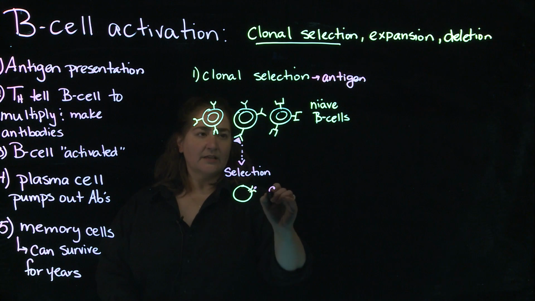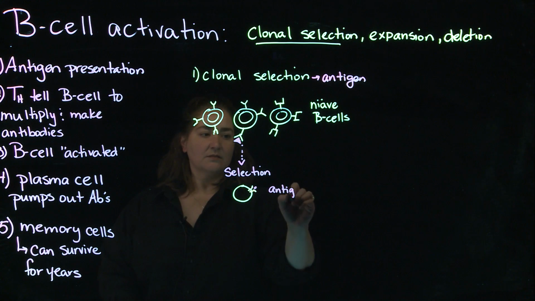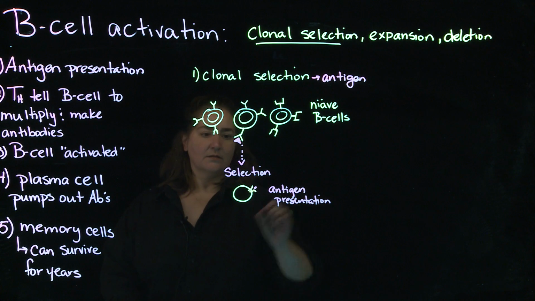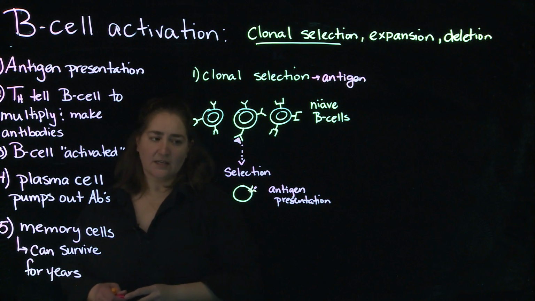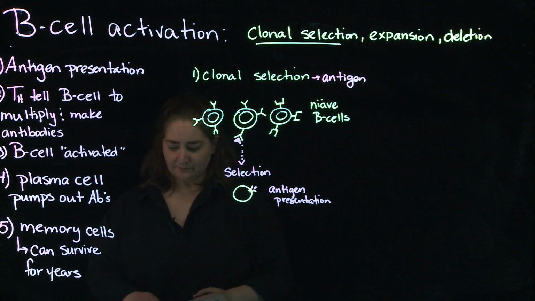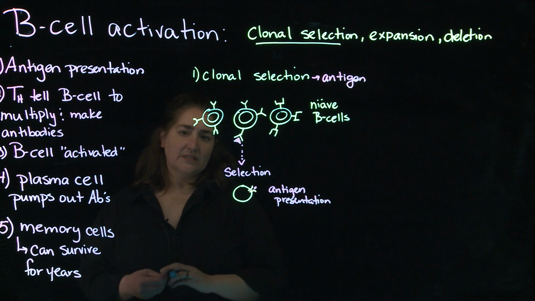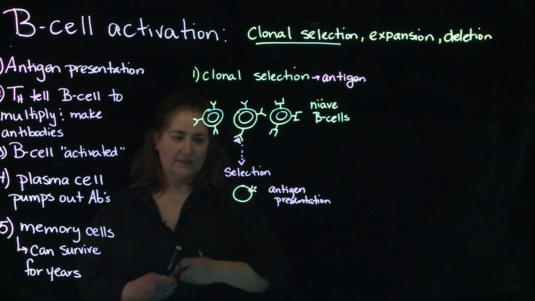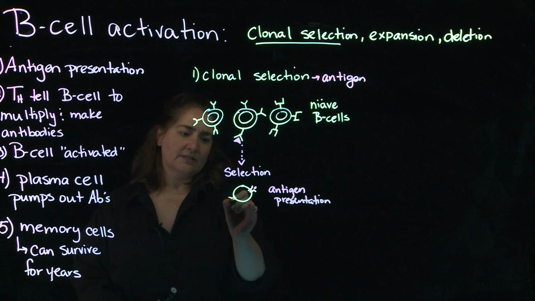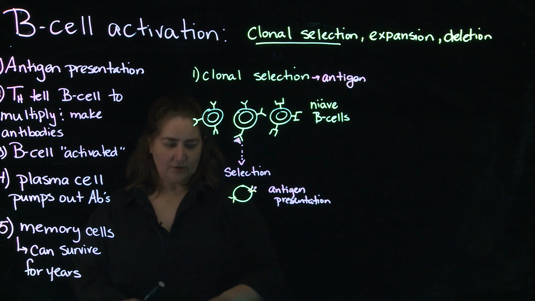All right, this is our antigen presentation. And in terms of that antigen presentation then, this is going to be where our T cell comes along. Oh, and I'll put one over here just because it's easier to draw my T cell over here.